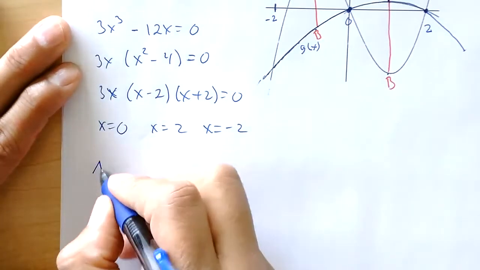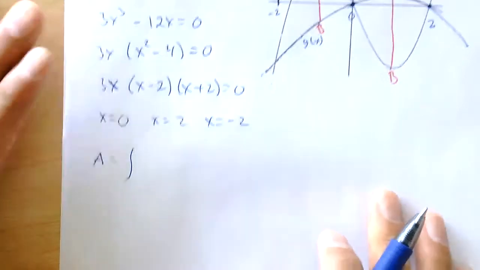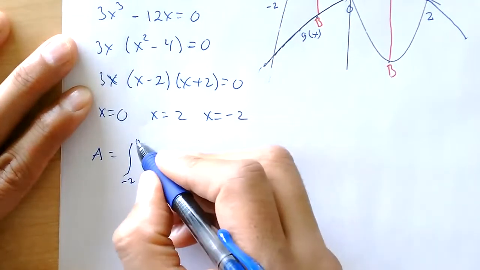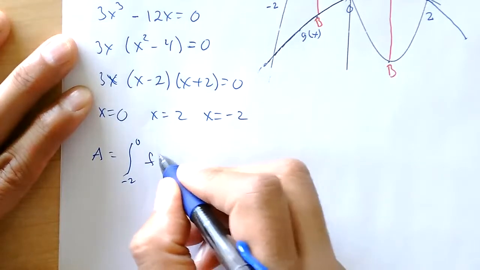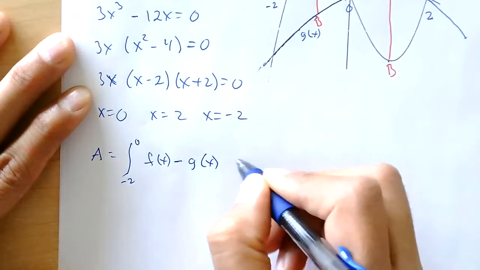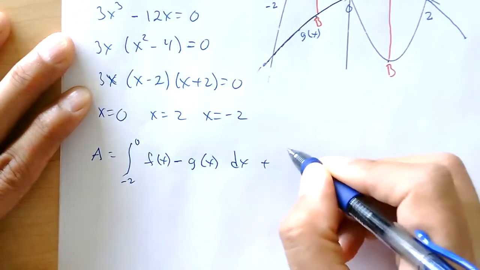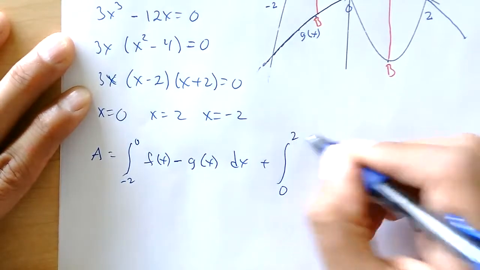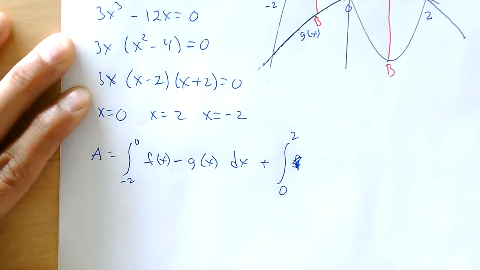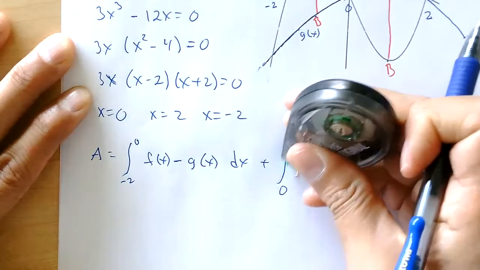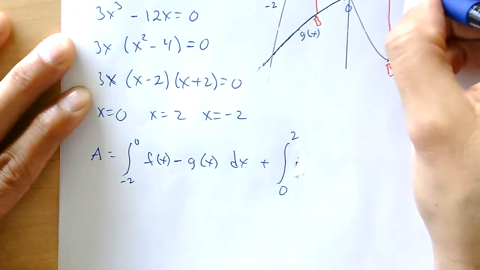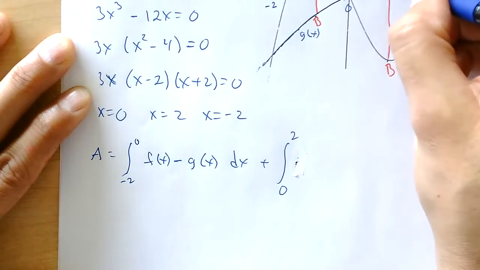So I'm going to set this up, my area. The first section from negative 2 to 0, the function that is on top was the f function. The function that was in the bottom is the g function. And I'm going to add the integral from 0 to 2. No, not that one. From 0 to 2, the function that was on top was the g function.